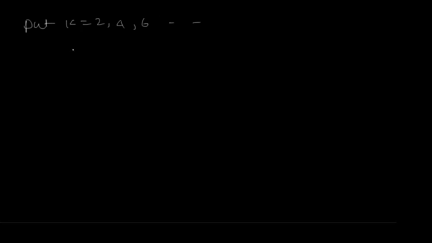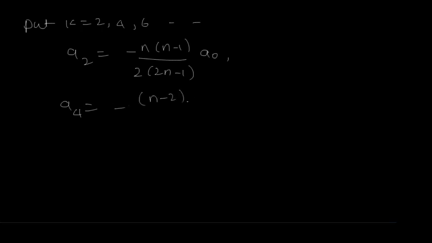We get a2 is equal to minus n into n minus 1 divided by 2 into 2n minus 1 a0. Then a4 is equal to minus of n minus 2 into n minus 3 divided by 4 into 2n minus 3 a2.